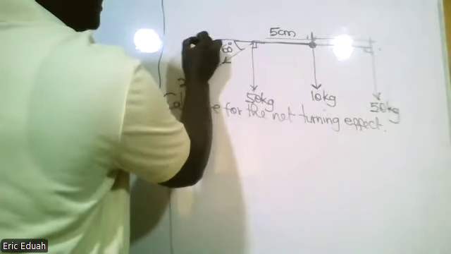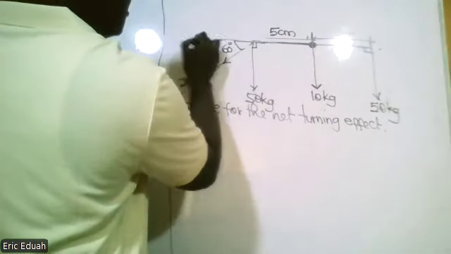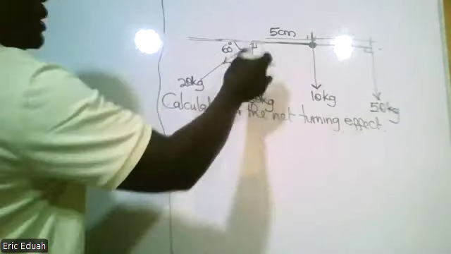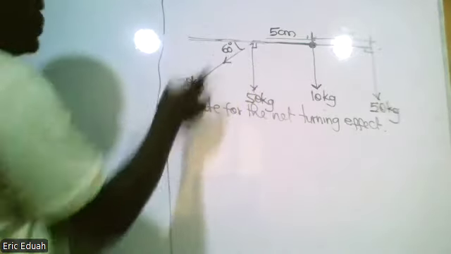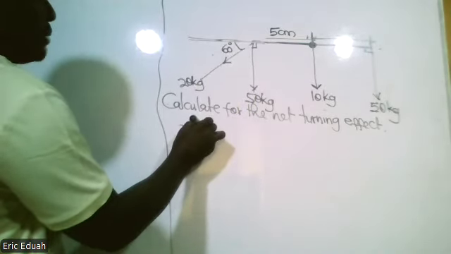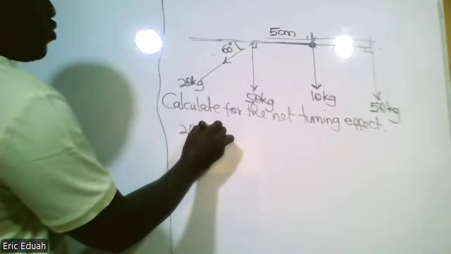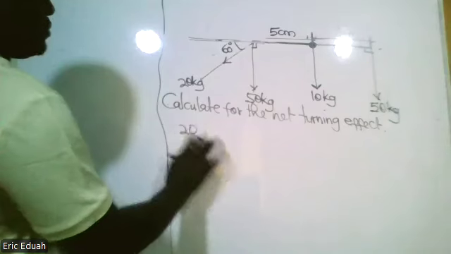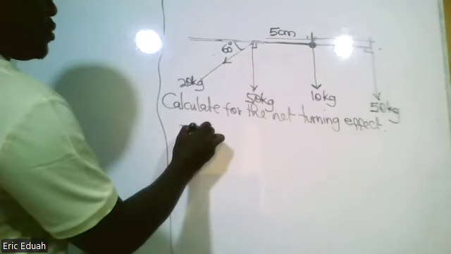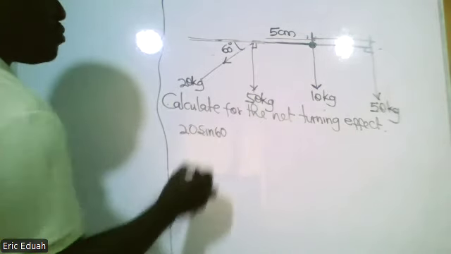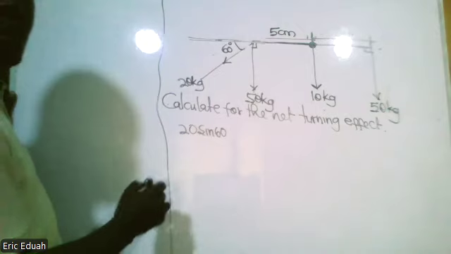Determine the turning effect produced by each of the weights or masses. So to determine the turning effect produced by this is 20 times sine 60 times 5.